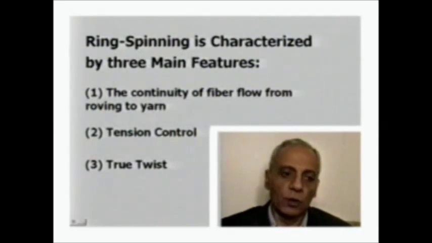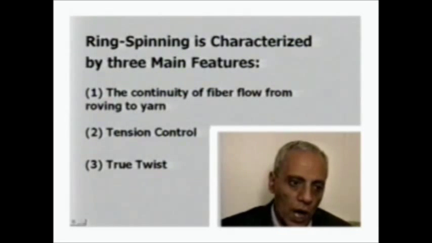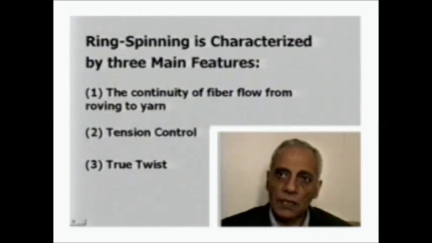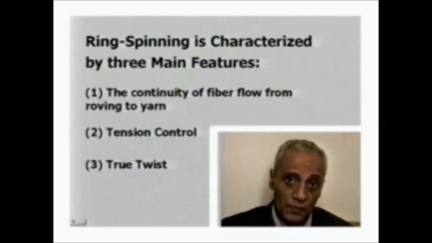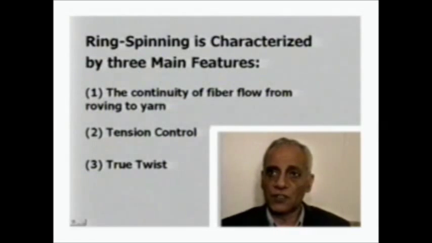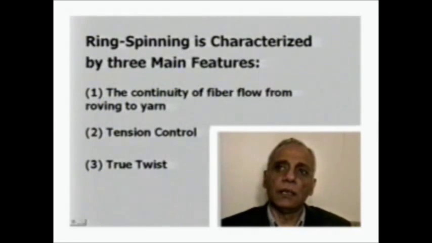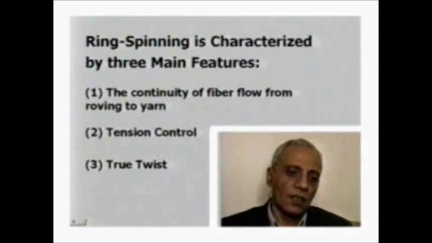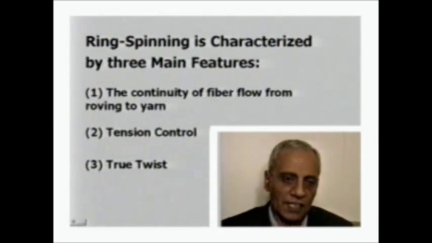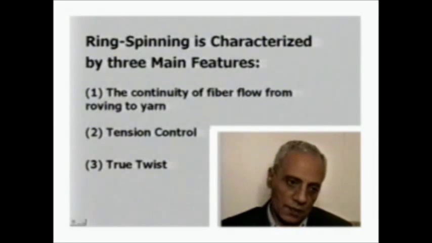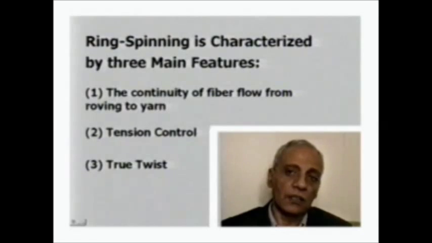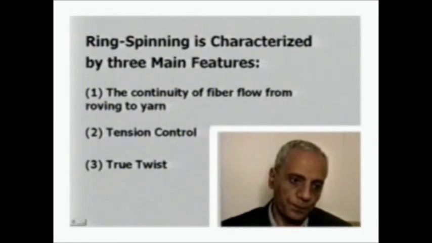Indeed, as we will find out very shortly, this is one of the reasons why ring spinning survived all these years and is still going very strong in areas such as knit apparel fabrics, for example, where you want both low twist and reasonable or acceptable strength. It's a combination that only ring spinning can produce, and at a very wide range of yarn counts.